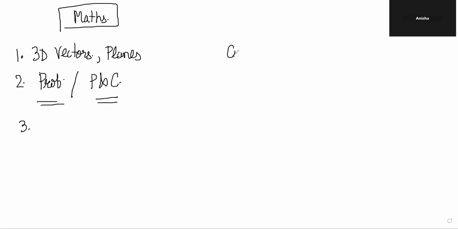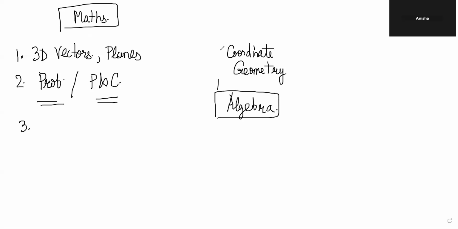The guarantees are in coordinate geometry, vectors 3D. These are guarantees. No matter what they give, if you have prepared properly, you can solve it. That's why we started with chapters in algebra, which are easy if you know what you're doing. Some chapters in algebra are easy, some are hard. These are some of the hard chapters: matrices and determinants, probability and PNC.